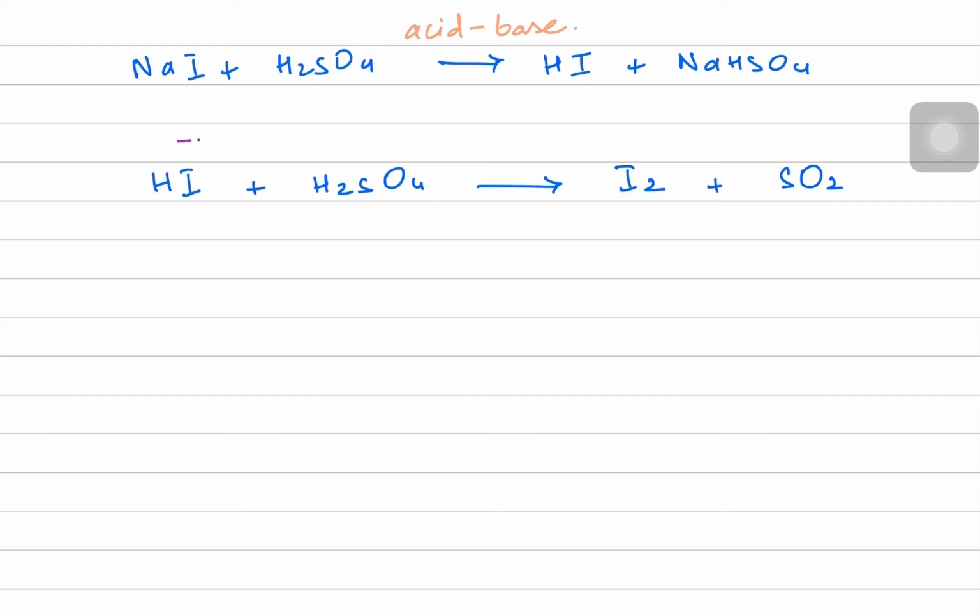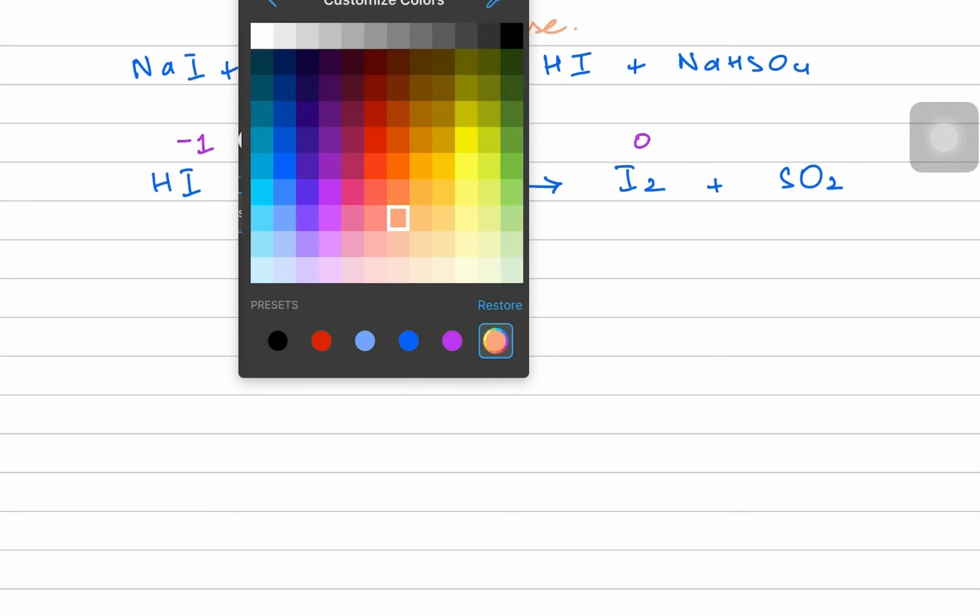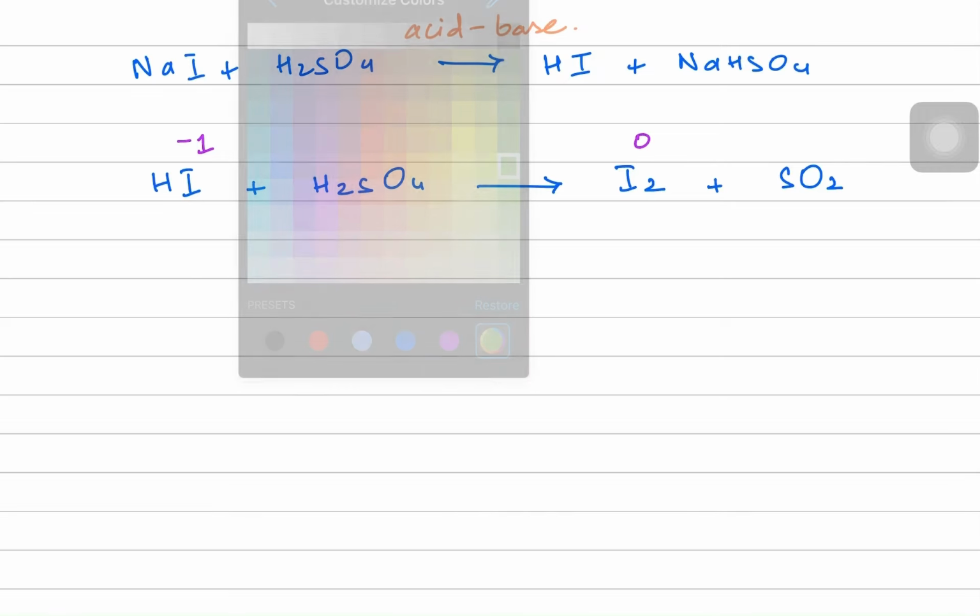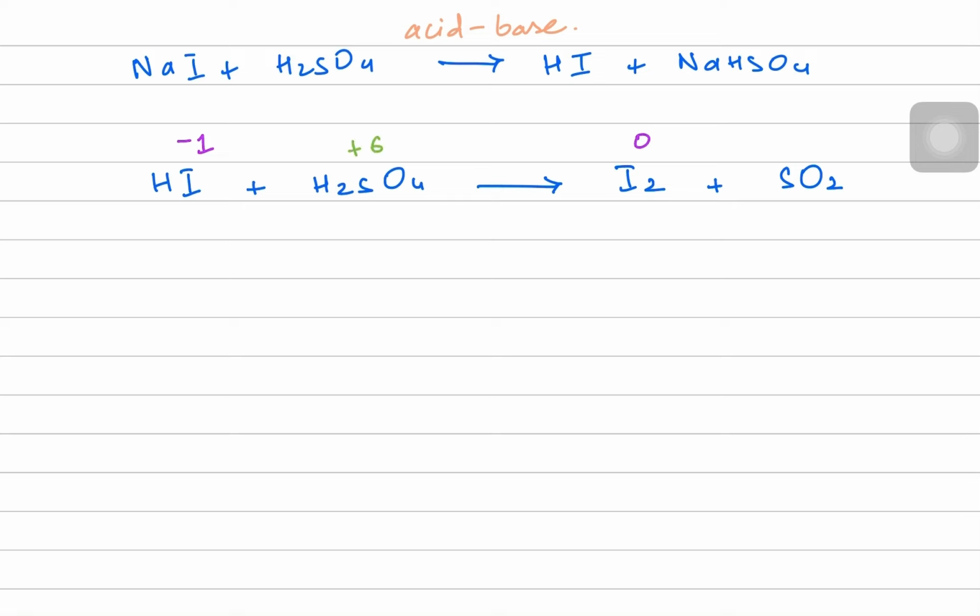The oxidation number for iodide changes from -1 to 0, which is a change of 1 unit. While the oxidation number of sulfur was +6 in sulfuric acid and it's +4 in SO2.